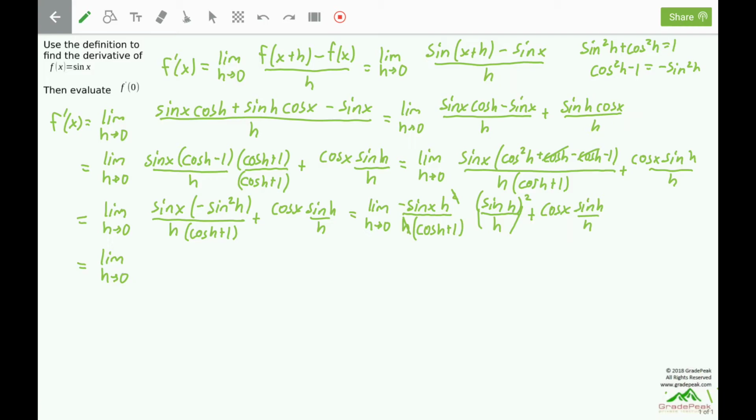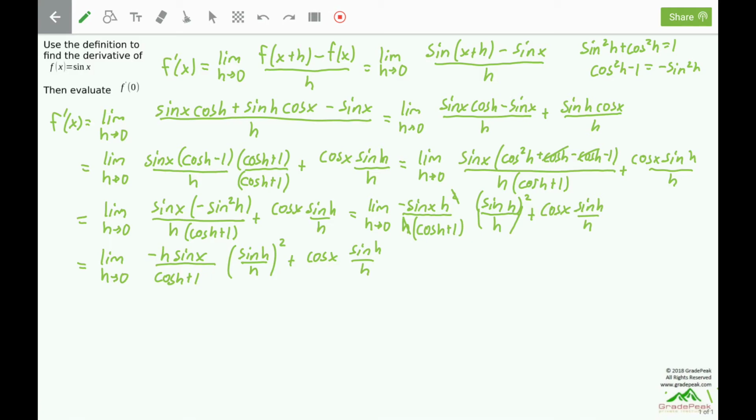Limit as h goes to 0 of negative h sine x over cosine of h plus 1. And then we have sine h over h quantity squared plus the cosine of x times the sine of h over h.